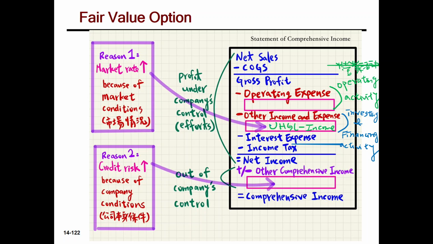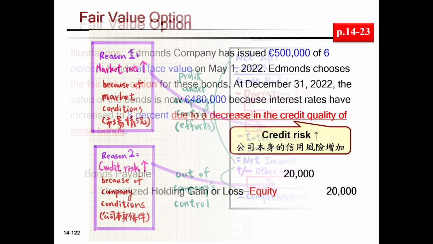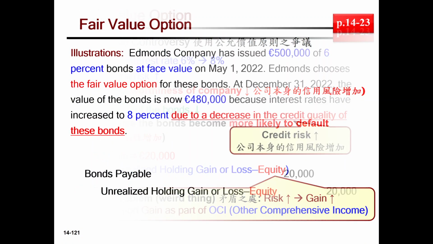Okay, since I put it into this part, will that become part of your net income? Of course, right? Because net income is right here. So for your first case, net income will include that gain. How much? $20,000, right?